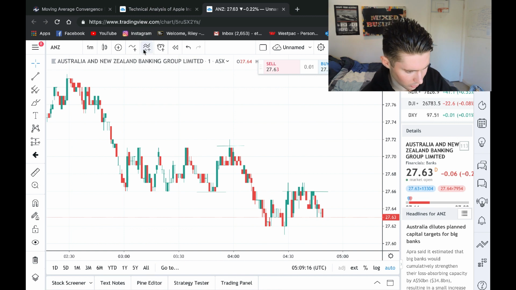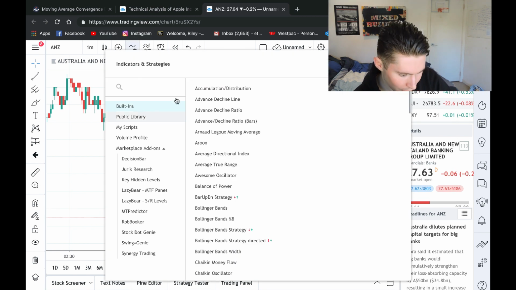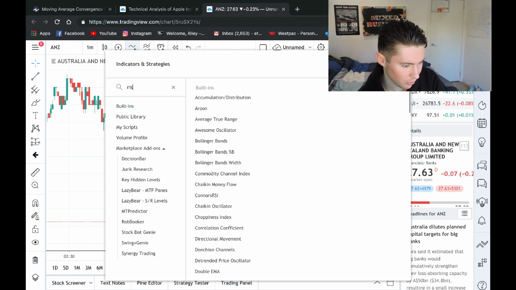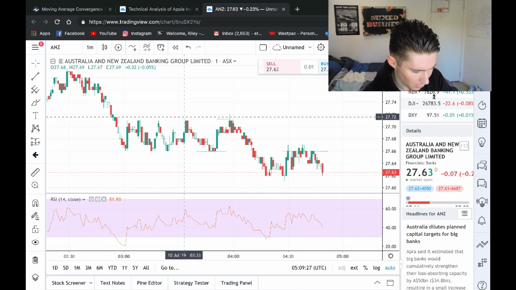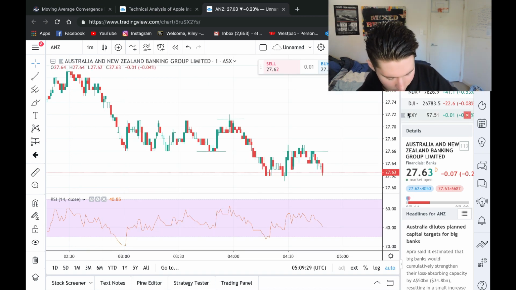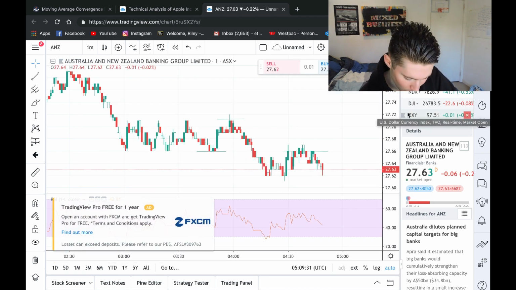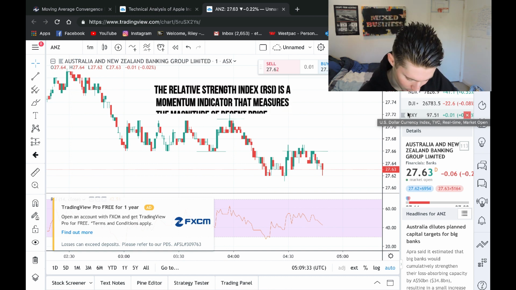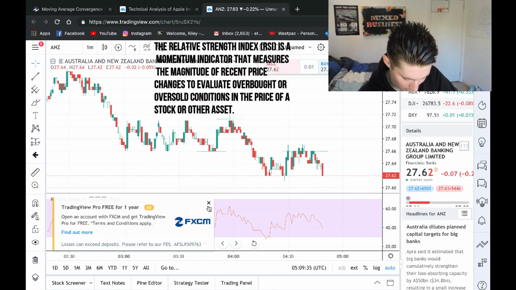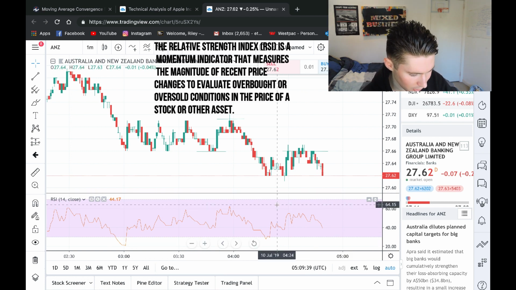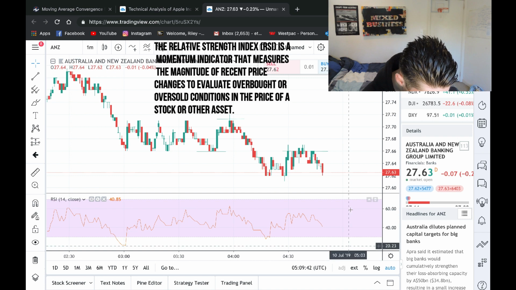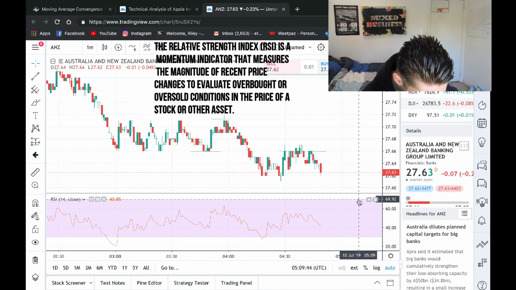RSI, that's one we're going to put in right here. So we'll go over indicators and strategies. You just want to type in RSI. That's the relative strength index, and that's going to come down below. Essentially the RSI compares price momentum against price. It's overbought when it's above 70%, so that should be this line up here.